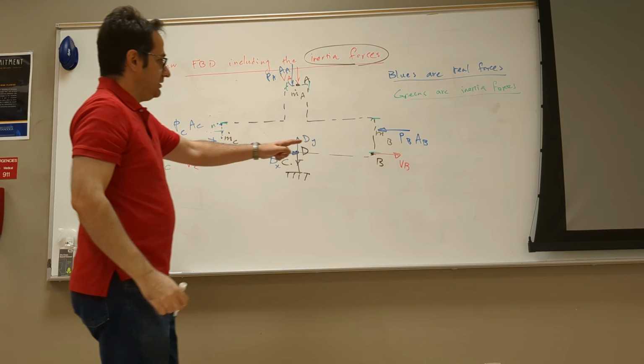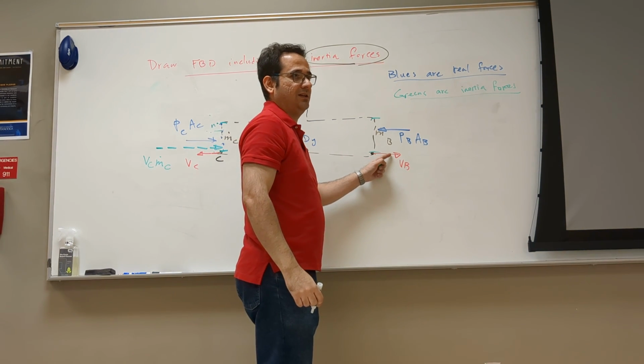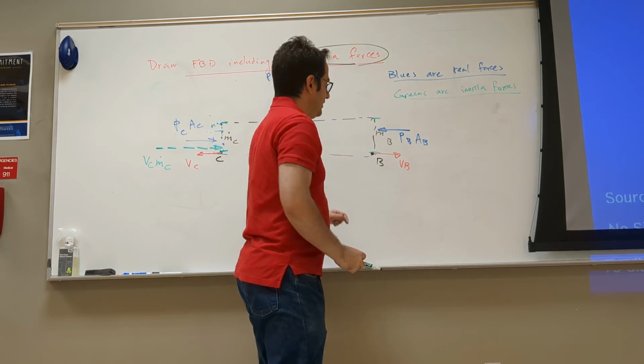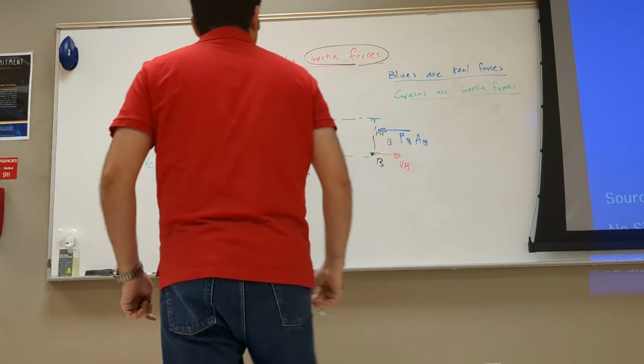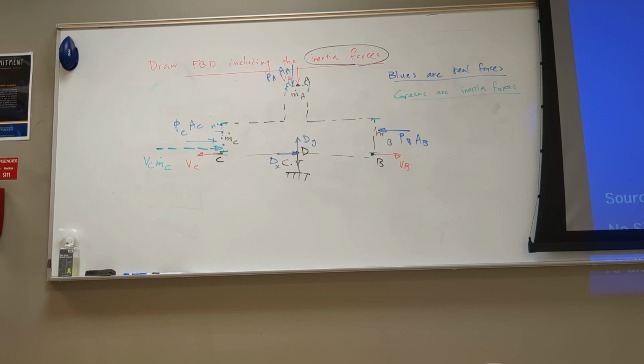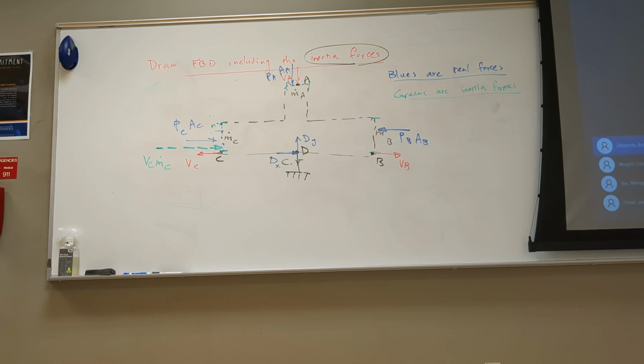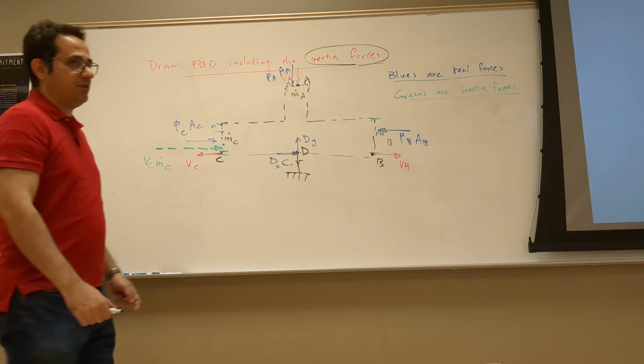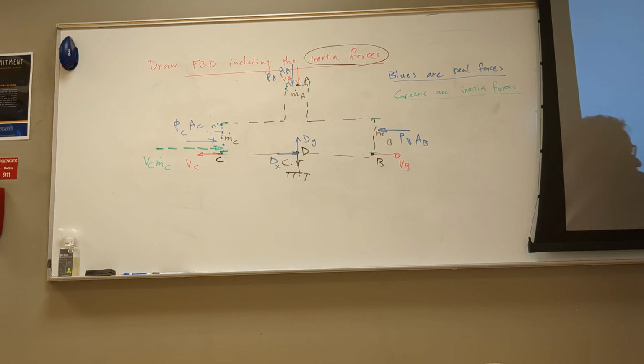So what about here? You see, V dot n is what? V is going to the right, V dot n is going to be positive. As you can see, the velocity is going to the right, 2 meters per second.